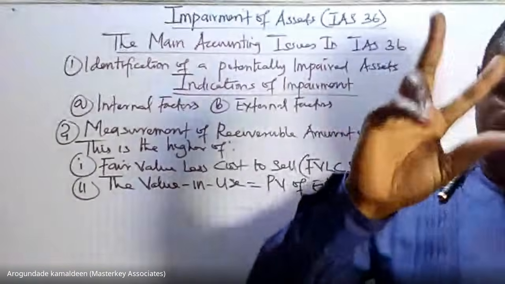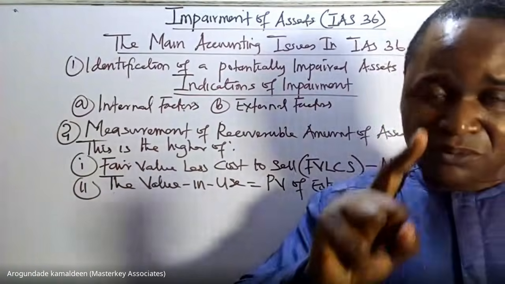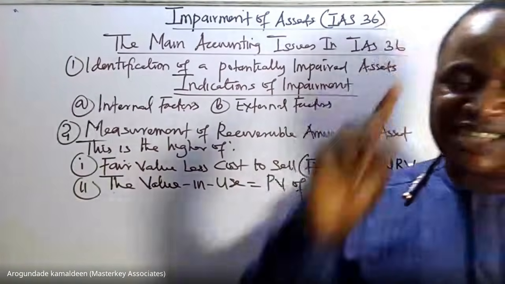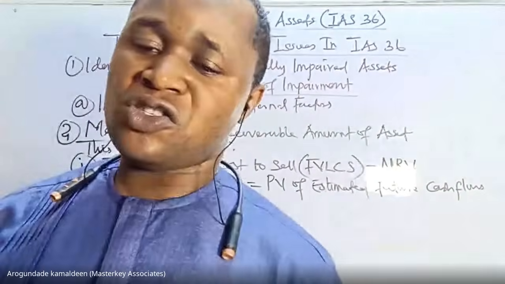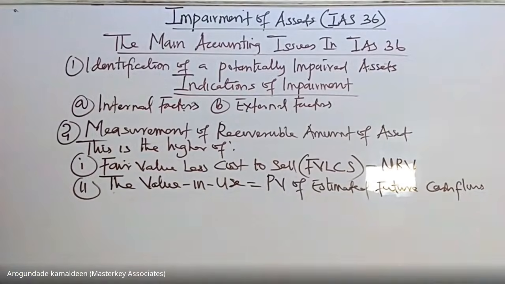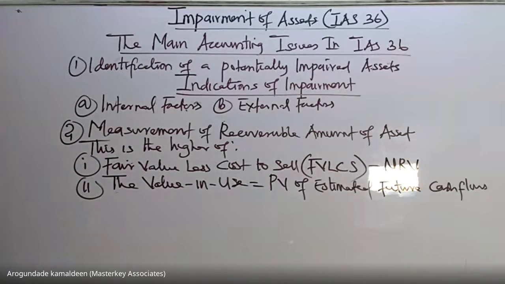These are the 3 estimates you are going to consider when determining the value in use. Like I said, for those doing FR and SBR, sometimes the question might give you the value in use directly, and you might not need to go through all this.